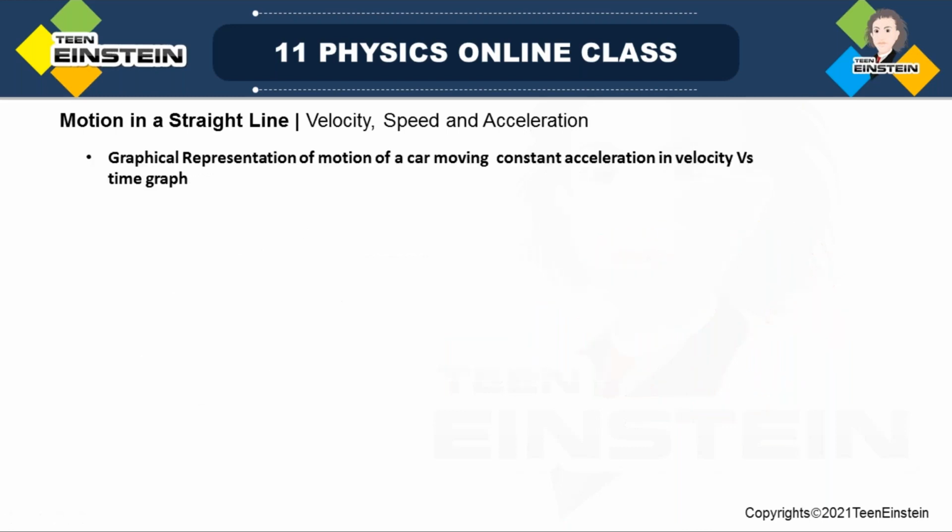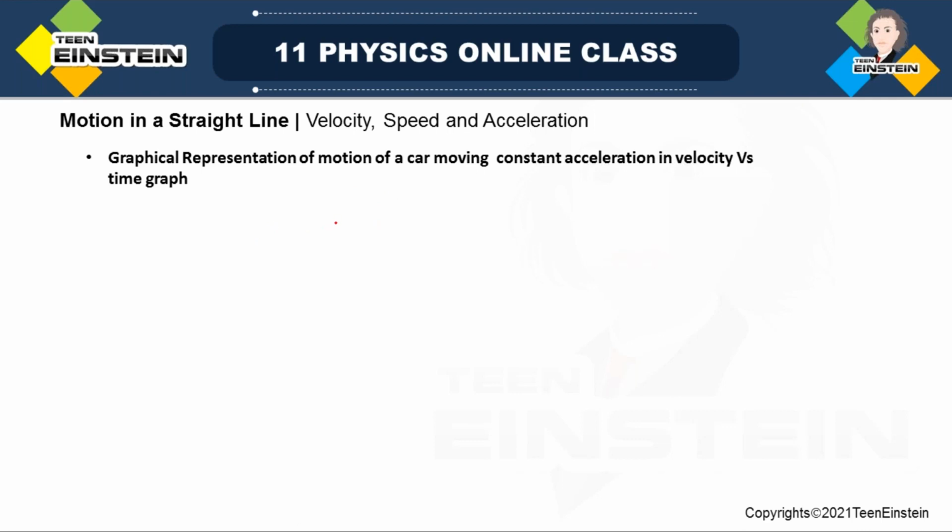Now we'll try to get the graphical representation of a car which is moving with constant acceleration. When I say constant, average acceleration can also change, but that is a topic for a higher class.